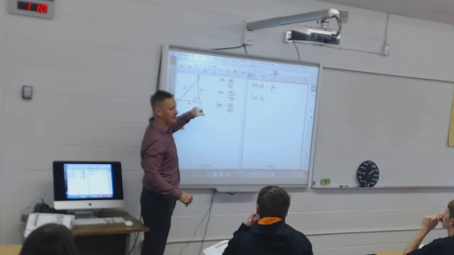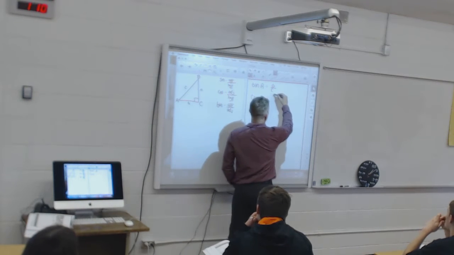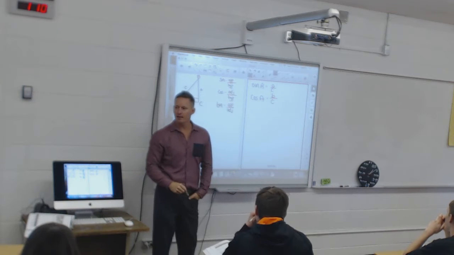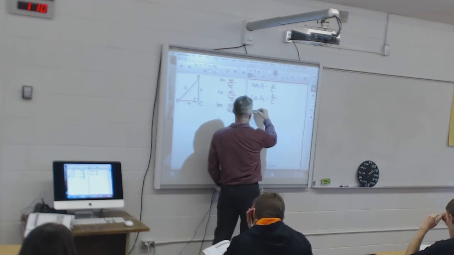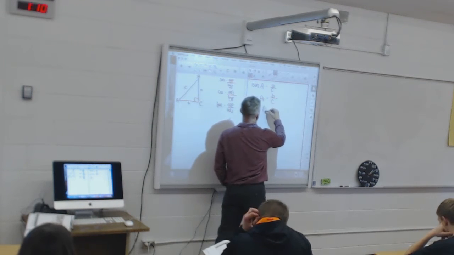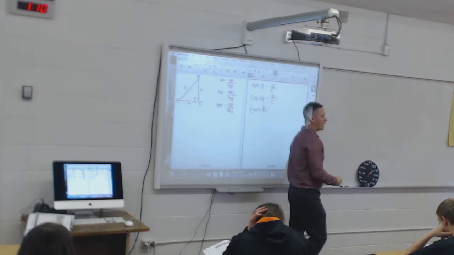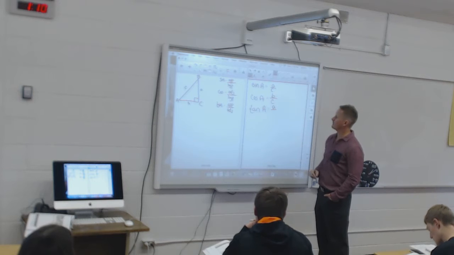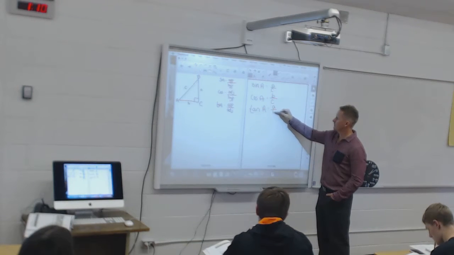Therefore, B must be the adjacent side in that situation. So it's B over C. And then the tangent of A is the side opposite from A, which is A, over the side adjacent, which is B.